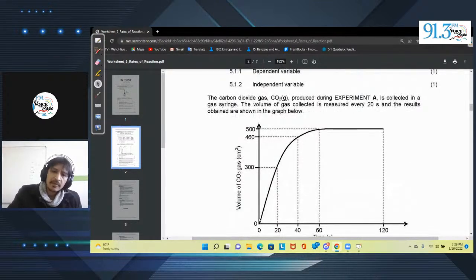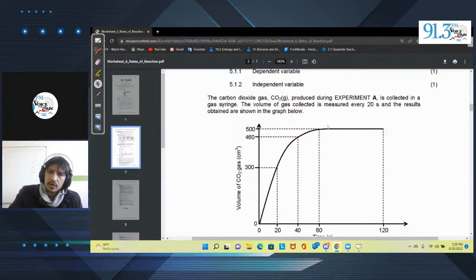We can see that there is a dramatic increase in the amount of carbon dioxide produced, a steep incline at 20 seconds. At 40 seconds, it starts to tip off. The rate of reaction is starting to decrease. Here it's decreasing even further. And then, just shortly after 1 minute, the volume of carbon dioxide just levels out.